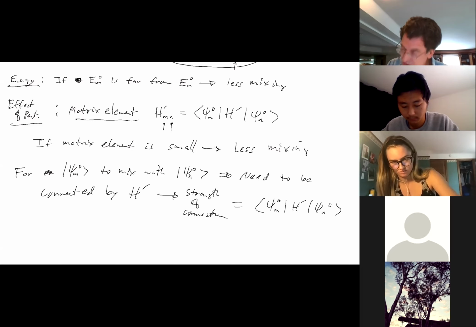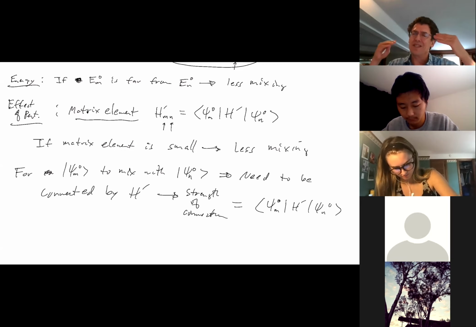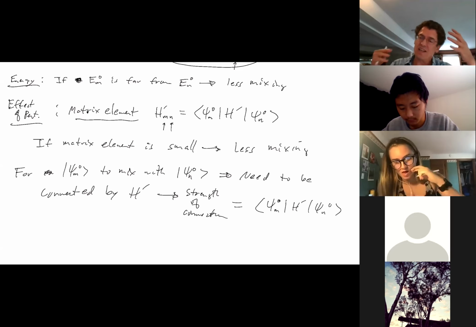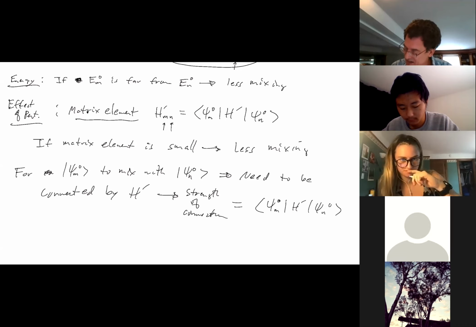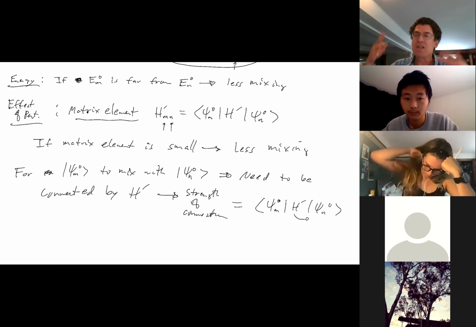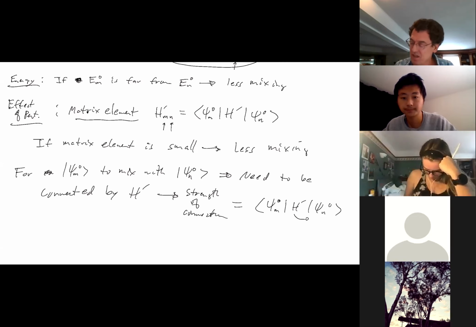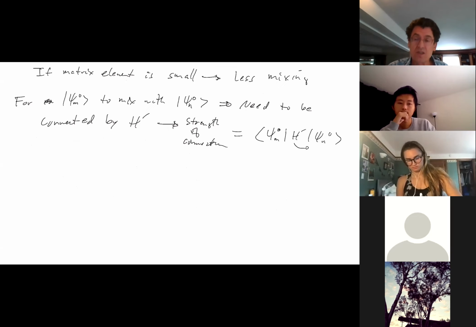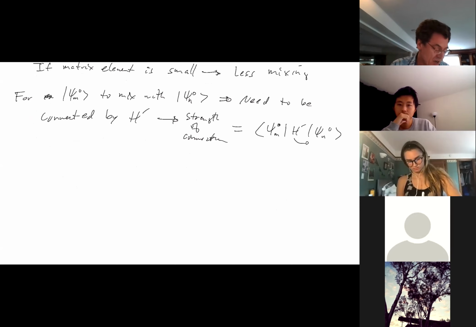And that's kind of intuitive, because psi m naught and psi n naught would not be connected at all because they're orthogonal. And if I turn on H prime, then that connects them. So how much does it connect them? Well, if I hit one of them with H prime and then project it over onto the other one, that tells me how much the H prime connects them. So that's an intuition that I want you to take away from this.